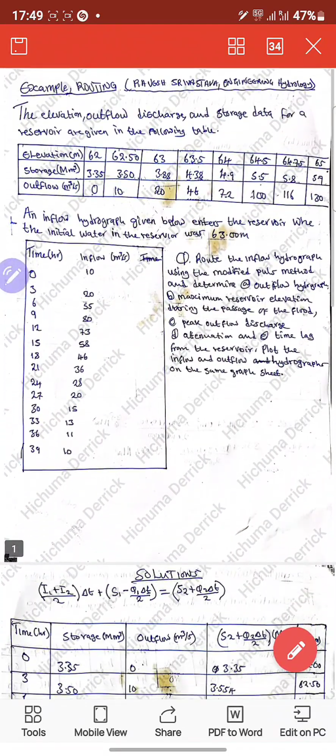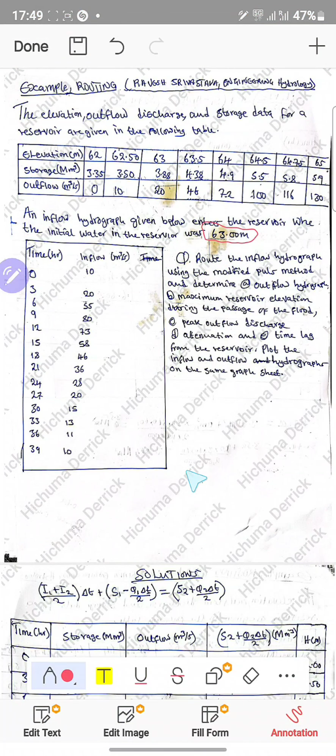And what are our initial conditions? The initial water in the reservoir was 63 meters. So when this inflow entered this reservoir, the initial water level in the reservoir was 63 meters.